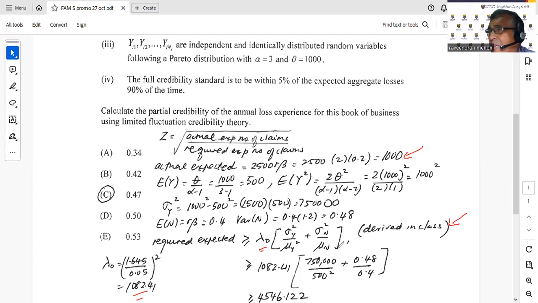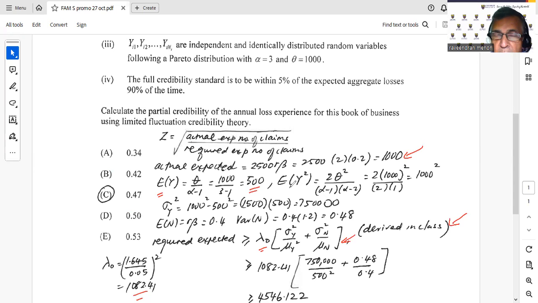There's some derivation here. We start at some point and we end up here. I went straight to this line because I'm trying to solve this problem. You can look up your lecture notes and you'll see this. I need to get values for all of these things. The expected value of Y, because Y is Pareto alpha 3 and theta is 1000, is 1000 over 3 minus 1, which gives 500.